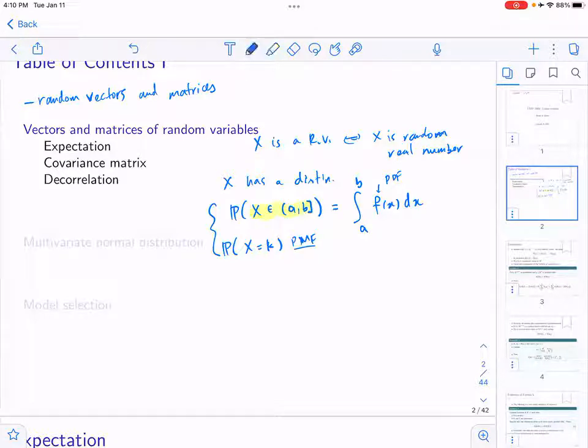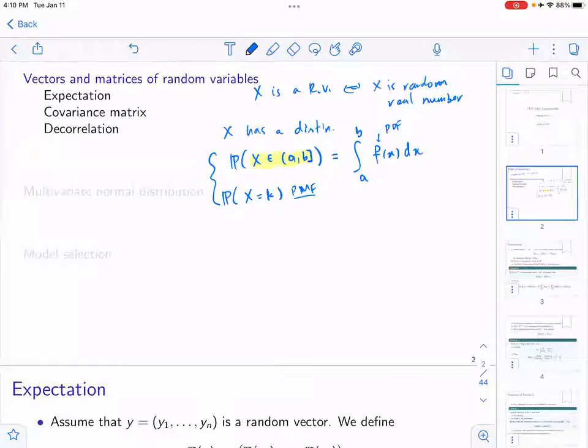Or from this, using probability tools, you can figure out, for example, the chance that X is in -1 and 1, or X is bigger than 5. All of this can be determined once you have a distribution.